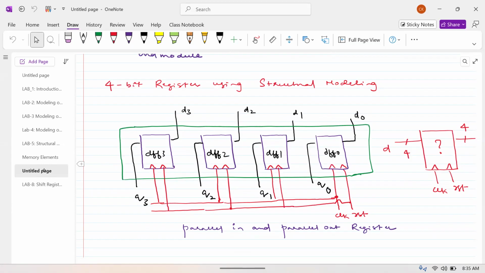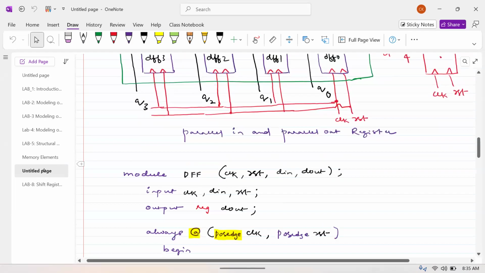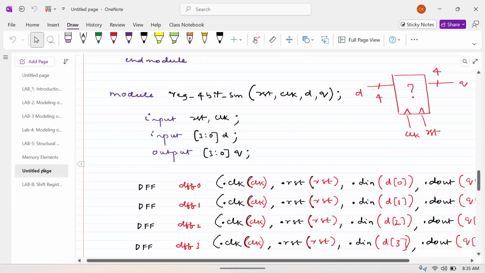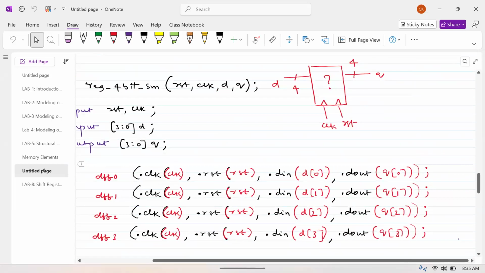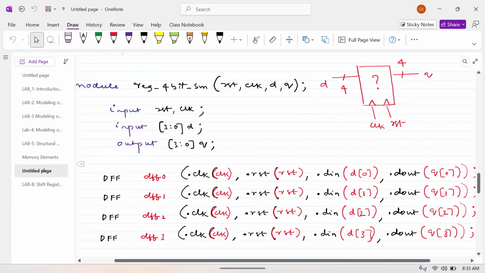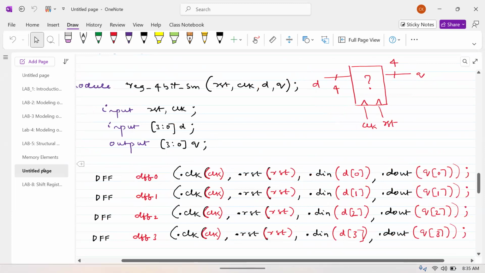Of course, that's not for the primary understanding. Let us look at the behavioral model. For the structural modeling here, I have already defined the D flip-flop somewhere, and I kept it here in this way.